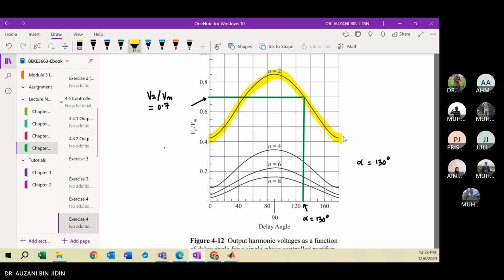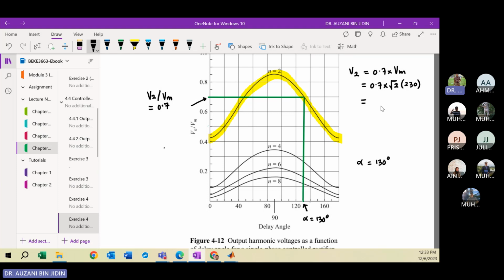Okay, so from here, V2 per Vm, you can calculate V2 as 0.7 multiplied by Vm. So Vm is what? Vm is the peak value, so you need to multiply by the RMS value, 230.